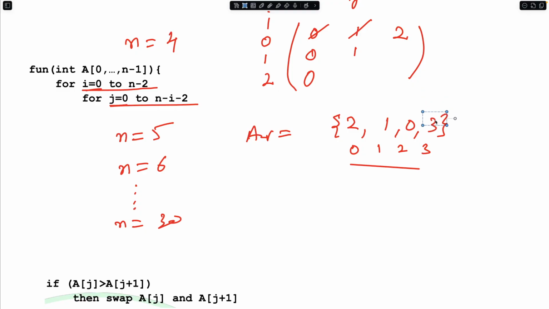Now let me explain this concept, because j was varying up to n minus i minus 2, and because i was increased, this portion was never considered. j did not get to here because j did not have the value 2, so this 0 was never compared to 3 again. This is very important because it effectively removes this part of the array from further consideration inside this if condition.